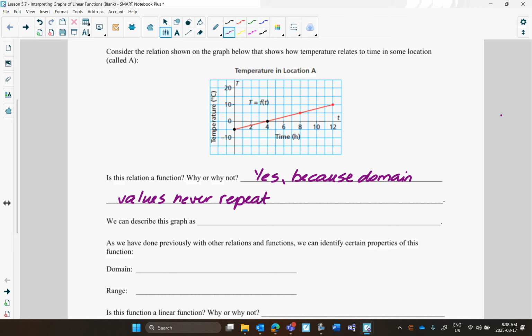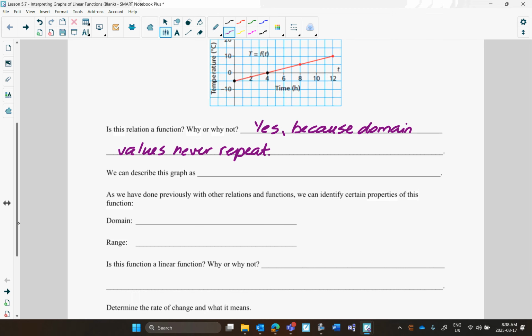So if I look at the domain value 0 on the graph, it's got one range value, -5. If I look at the domain 8, it's got one range value, +5. And that's for every single point.